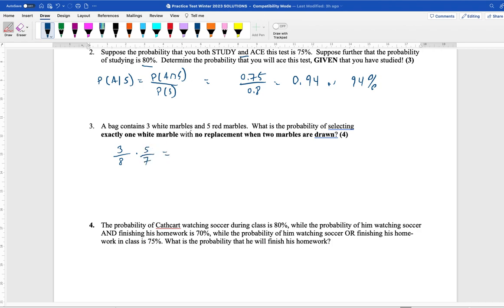So that's how to get a red marble on our second one. Okay, so I'm doing combination of events here. 3 over 8 times 5 over 7 equals 15 over 56.